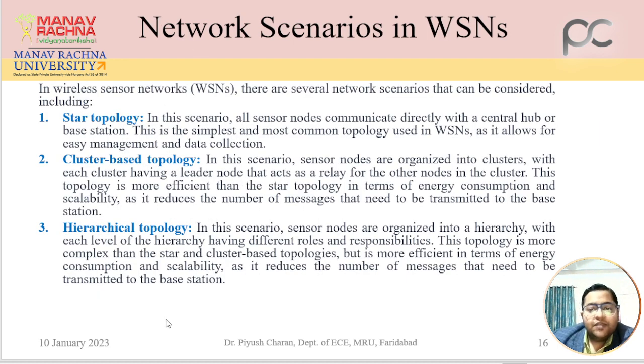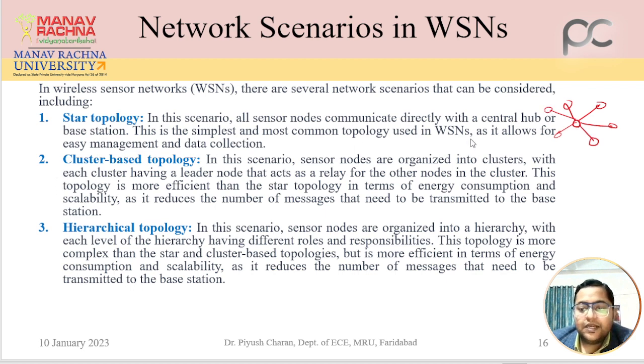So let's see the network scenarios in wireless sensor networks. Wireless sensor networks can be deployed in various topologies. This one is called the star topology, in which there is a central hub and there are nodes deployed and connected to the central hub.